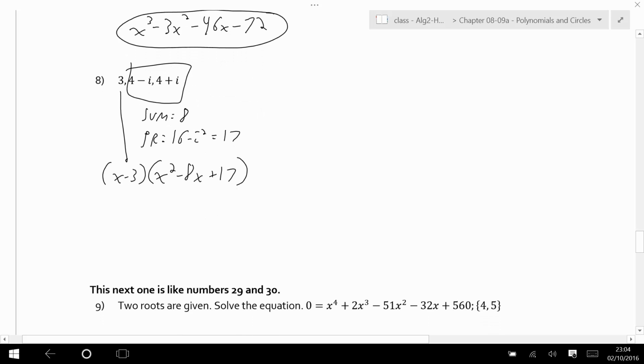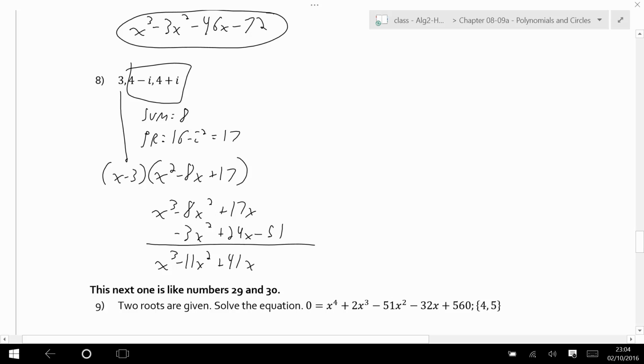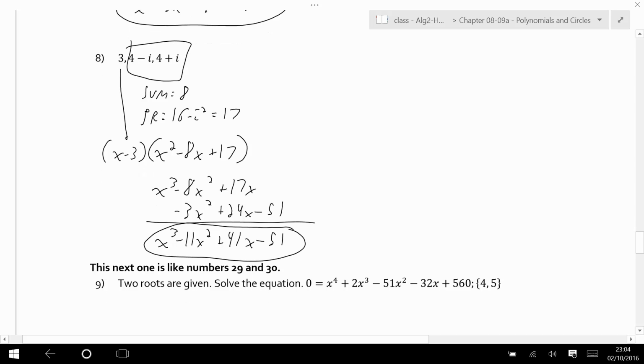Let me multiply the x in: x cubed minus 8x squared plus 17x. Then multiply the negative 3 in: negative 3x squared plus 24x minus 51. Add, and I get x cubed minus 11x squared plus 41x minus 51.